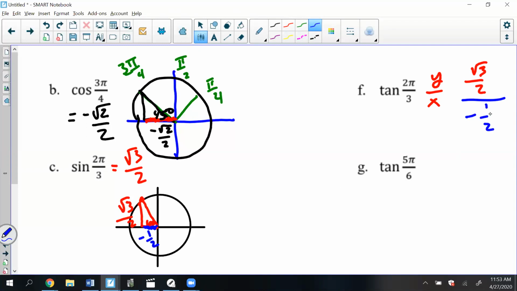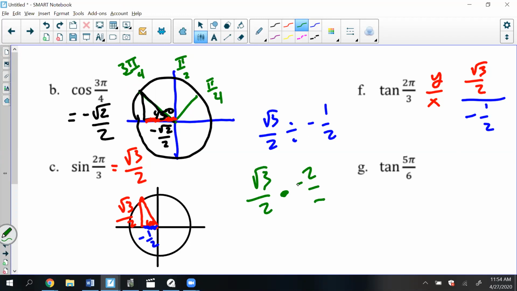So that's not my final answer. I got to simplify that a little bit, but that's what I'm going to calculate. I have the square root of 3 over 2, and just to help you see it, you've probably seen it more like this, where I have two fractions here, and I got to flip the second one just like we do in rationals. I got to flip the second, and then multiply, so it would be negative 2 over 1.